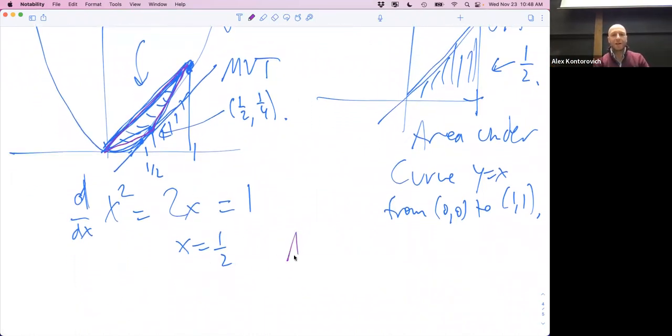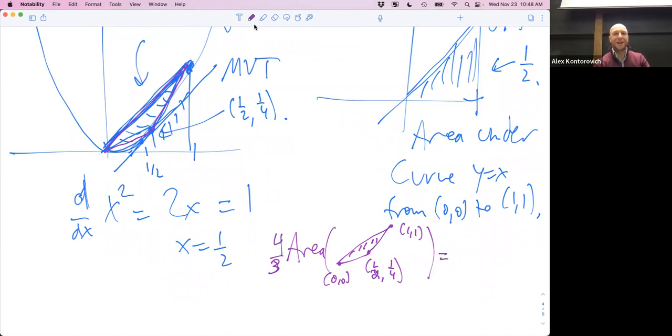So he said that the area of this triangle from (0, 0) to (1/2, 1/4) to (1, 1), if you take that area and multiply it by 4/3, this magic number 4/3, you get exactly the area under this parabola. Okay, 2,000 years ago, he managed to do this.